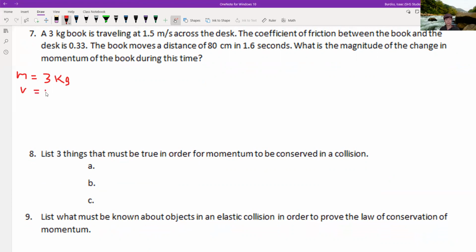Okay, write that down. The coefficient of kinetic friction is 0.33. And the book moves a distance of 80 centimeters.